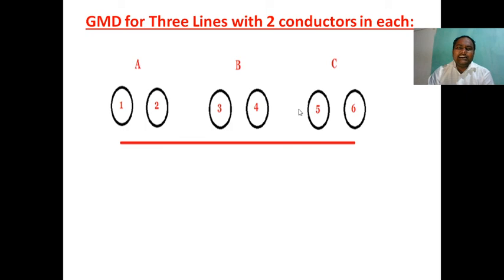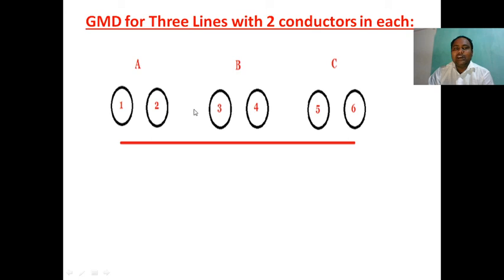We calculated the self GMD of the bundle conductor, but how do we calculate the mutual GMD of a bundle conductor? The mutual GMD of a bundle conductor is similar to the previous case. If there is phase A, phase B, phase C, where phase A has two subconductors, phase B has two subconductors, and phase C has two subconductors, how can you calculate the mutual GMD?